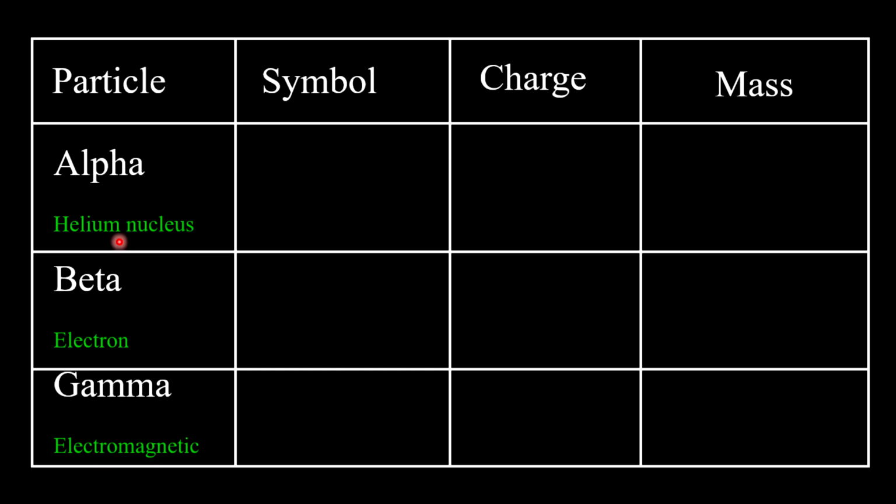Now, I'm going to show you something right here, right? Because we said that the alpha particle is just like the helium nucleus. Now, remember that inside the nucleus of an atom, there are two important subatomic particles. These subatomic particles are protons and neutrons. The sum of protons and neutrons results in the mass of the atom.